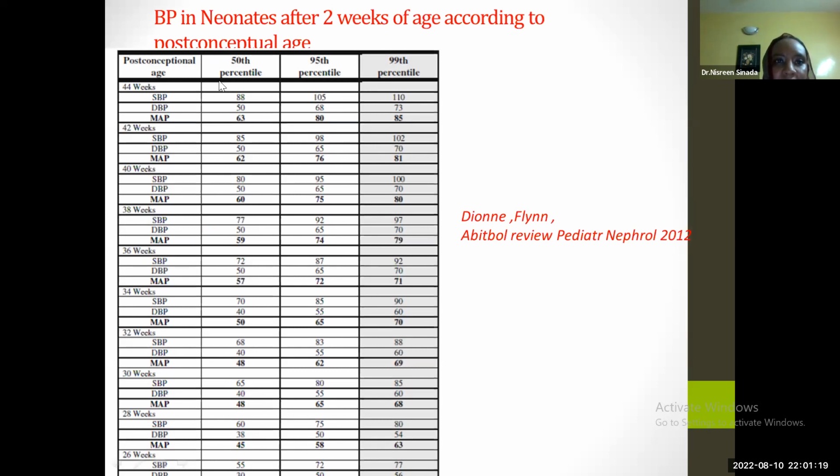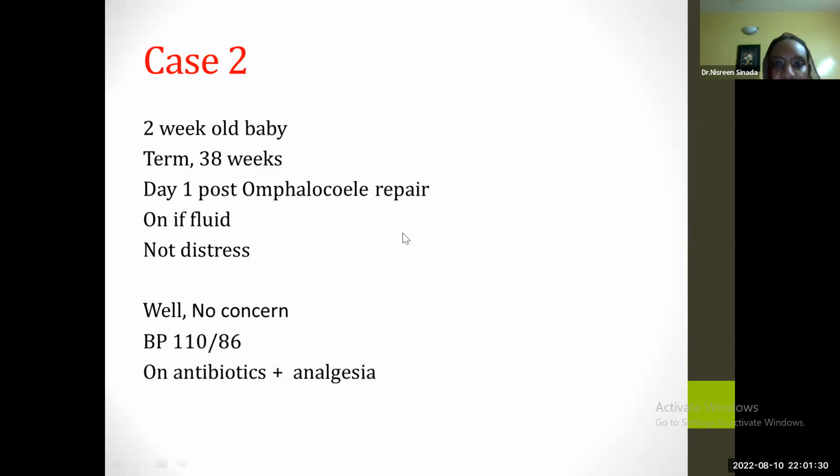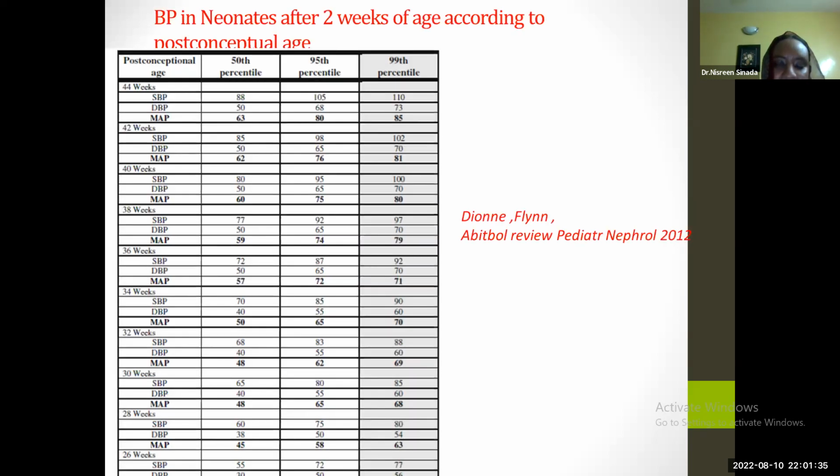This is the post-conceptual age of 2 weeks. So you see here, the 99th percentile blood pressure is 97/70, and our patient's blood pressure is 110/86. So this is stage 2 hypertension.